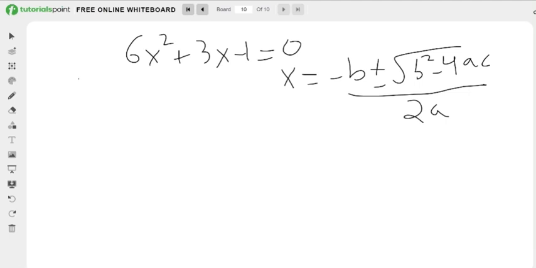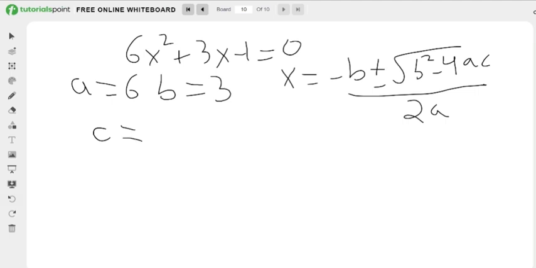Our a value here is 6, because the x squared term has a coefficient of 6. Next, b is 3, because of the plus 3x. And lastly, our c value.